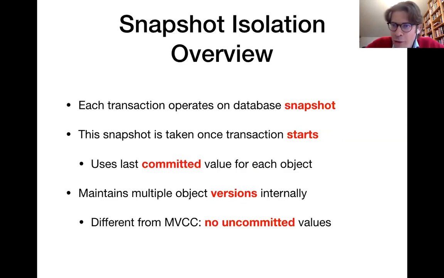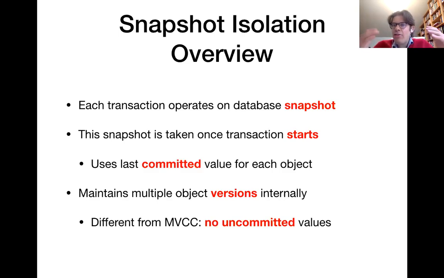And now we are going to see a little bit of a different variant of that, which is also very commonly used in practice, and that is called snapshot isolation. Now, snapshot isolation essentially means that whenever a transaction starts, we are conceptually taking a snapshot of the database, which contains for each object the value of the last committed transaction.